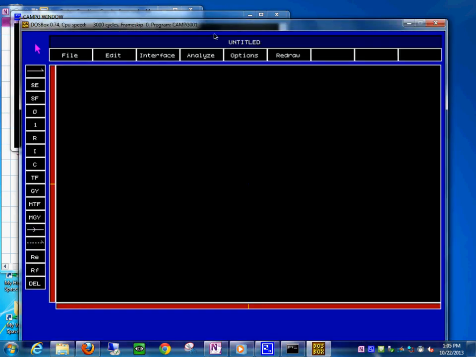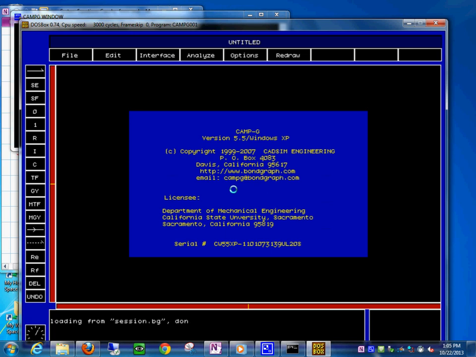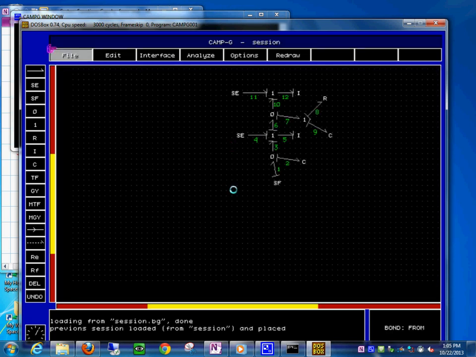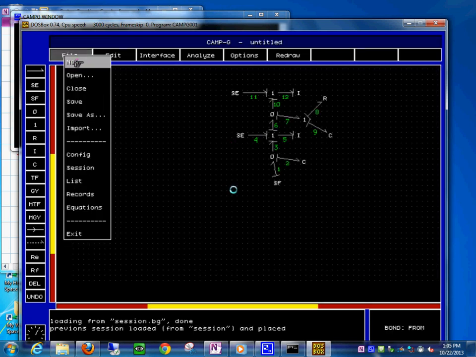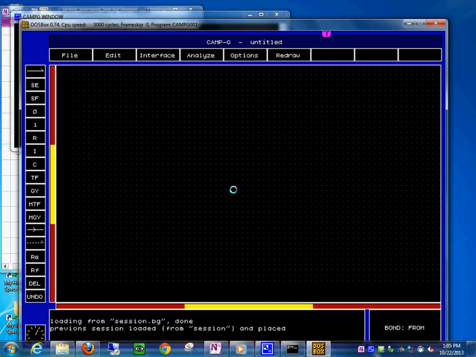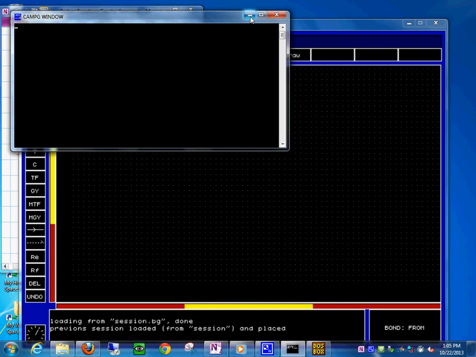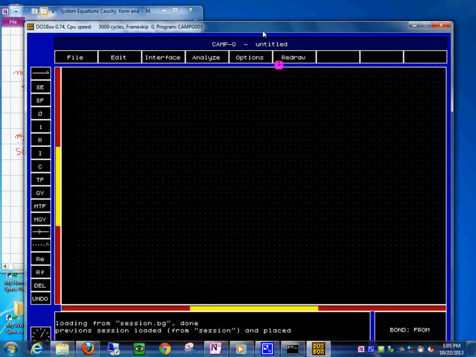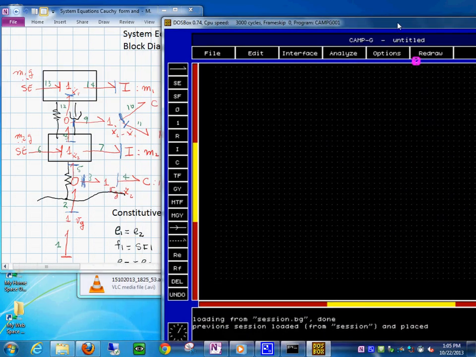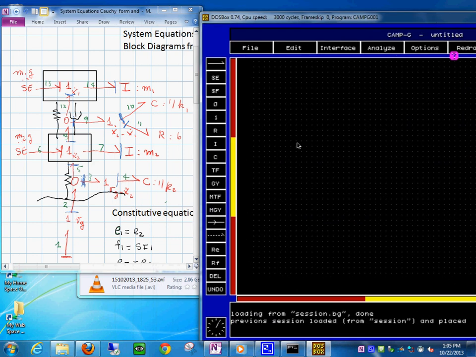I'm going to create a new model so that I will lower this, and that's all I need in here. I need to build this thing. So I am going to put the SF down here first, and I will use the same sequence and the same numbers that I have.